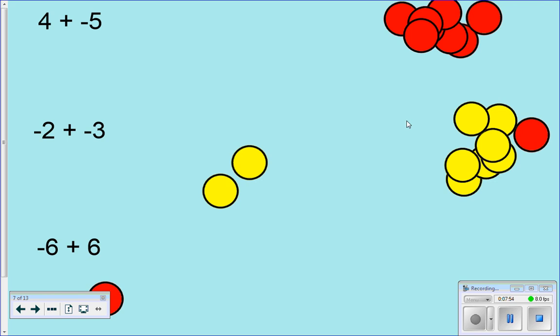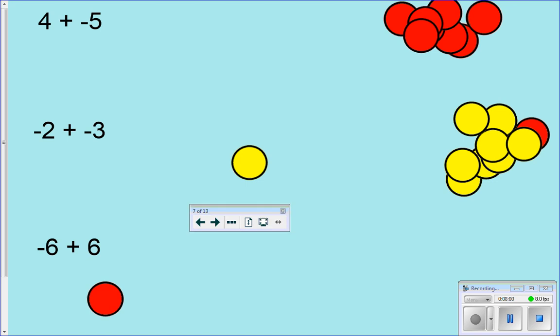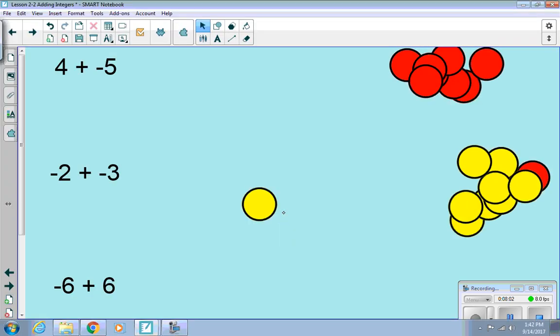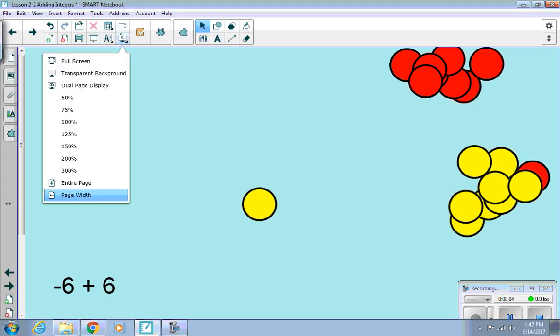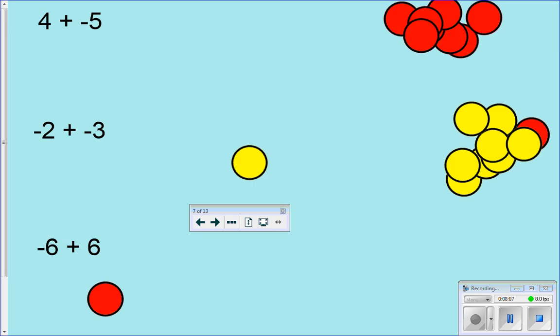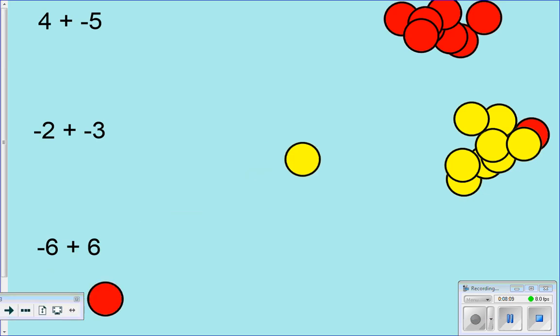Zero pair. Then I have 1 left. 1 red one, right? So 1 negative.